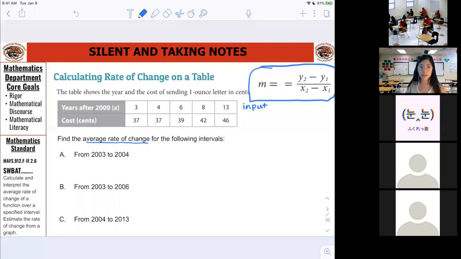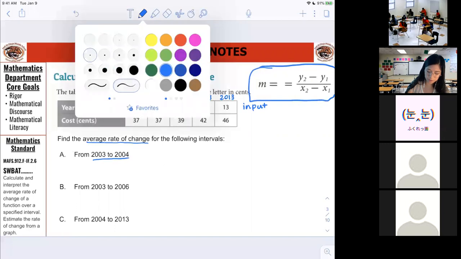So the 3 isn't just 3. This is 2003. This is 2004, 2006, and so on. So it's really important to read carefully so you understand what those input values represent. And now we're asked to find the average rate of change from 2003 to 2004.